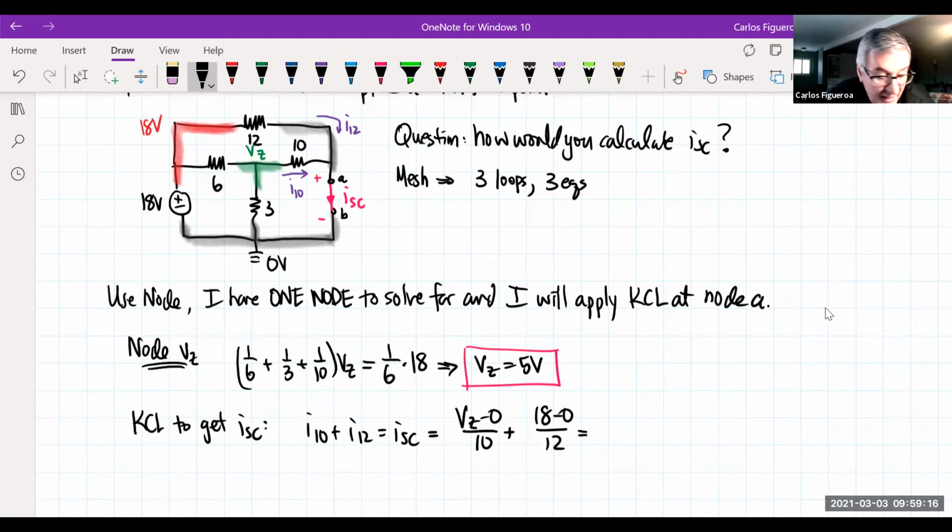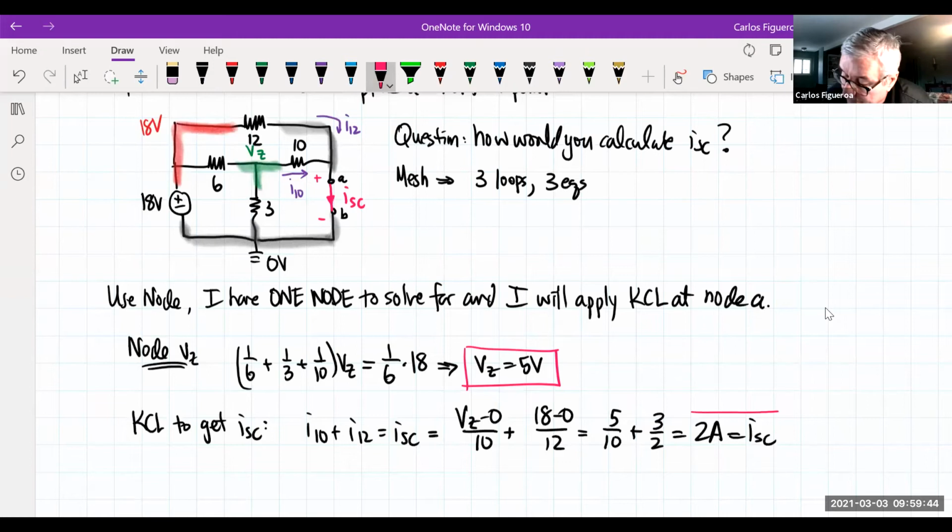So then, of course, if I just plug in my numbers, you're going to see here that this is going to be 5 over 10, and then I'm going to get 18 over 12, which is, I was hoping to give a simpler answer, but this is 3 over 2, but clearly that's a half plus 1, so I get 2 amps, and so therefore I have my I short circuit. So my I short circuit is 2 amps.